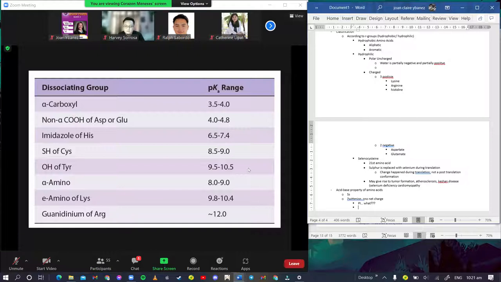And I mentioned the SH of cysteine and the OH of tyrosine, which can also carry a negative charge depending on the pH of the environment, because they can be deprotonated, so the H will be released. Then the alpha amino group is 8 to 9, followed by the epsilon amino group of lysine and the guanidinium group of arginine, which has the highest pK value.